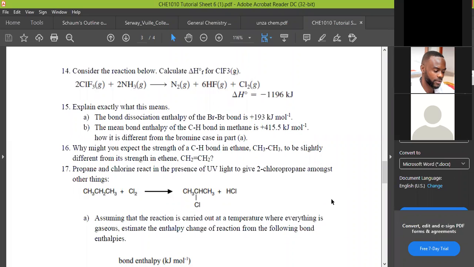And they've given you the standard enthalpy of negative 11986 kilojoules for that particular equation there. So this question and the question I just solved, there is no difference.